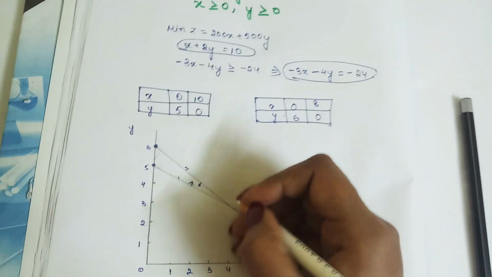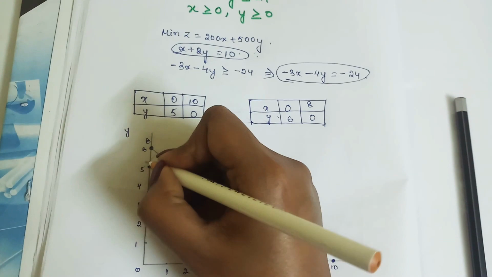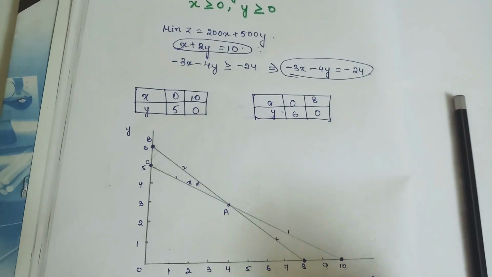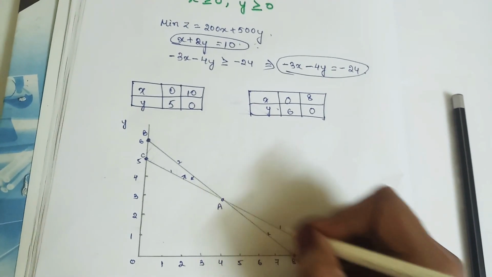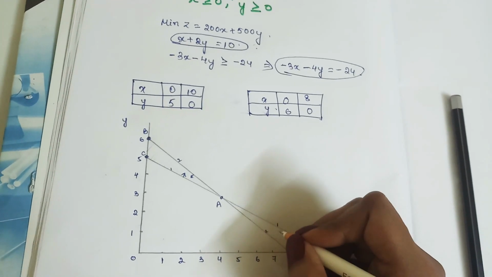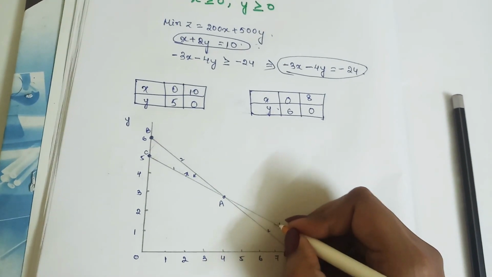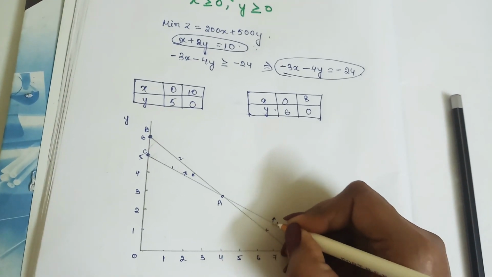Let me just mark it. Let this be point A, this will be point B, and this will be point C. Guys, mind it, you cannot make this portion the initial basic feasible solution. Why? Because my first constraint says that it is greater than, isn't it? So first constraint greater than means upward.